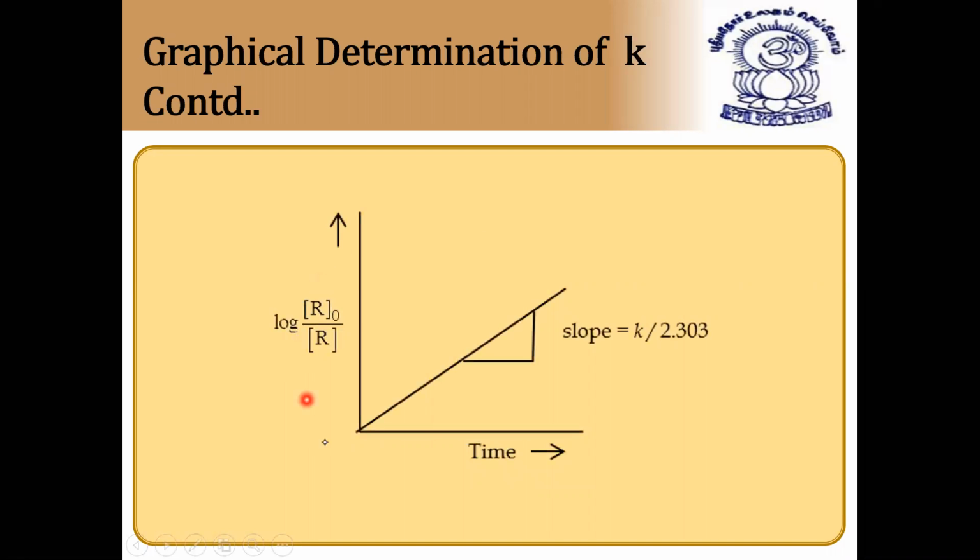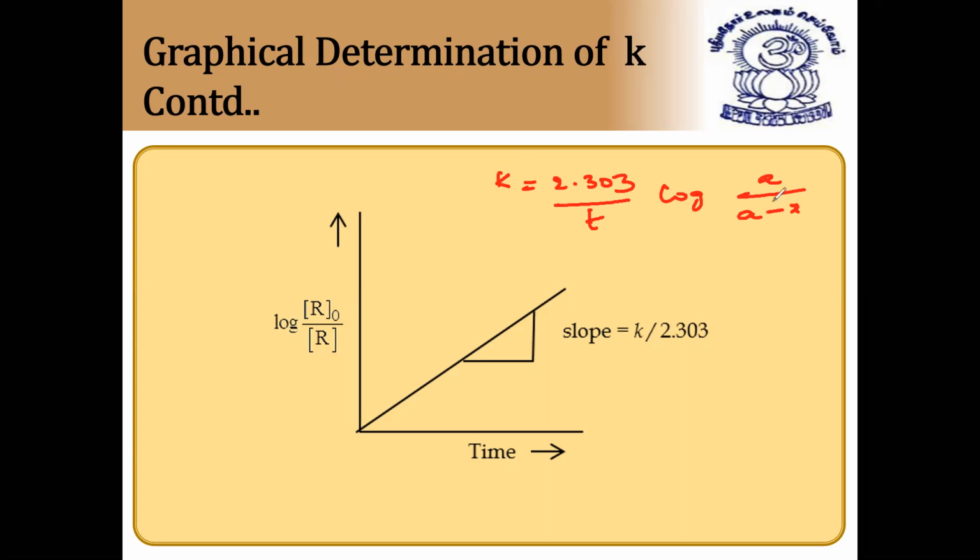Continuing, this is the graph. If you take log R naught by R, you'll get a straight line, increasing like this. This is also a very, very important graph. So this is the graph representing it. And what is the equation for finding k? k is equal to 2.303 by t into log of a by a minus x.